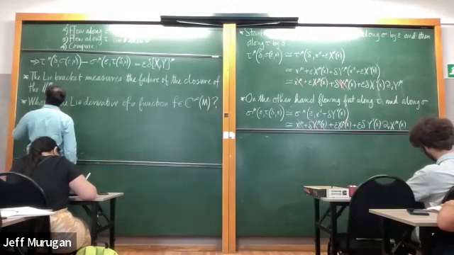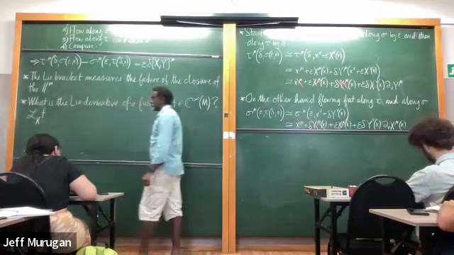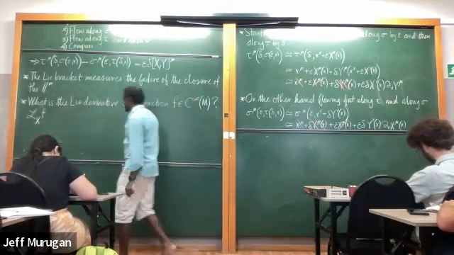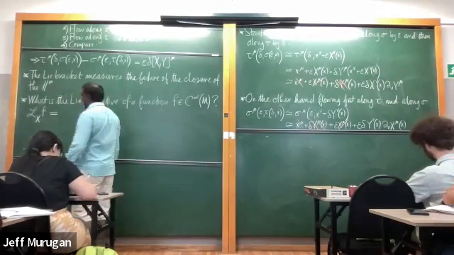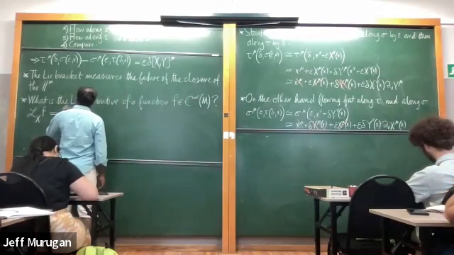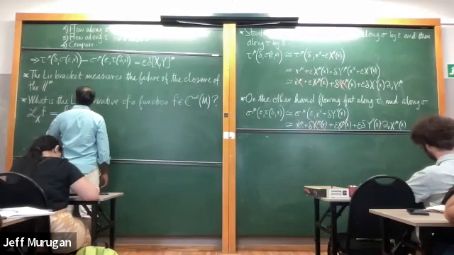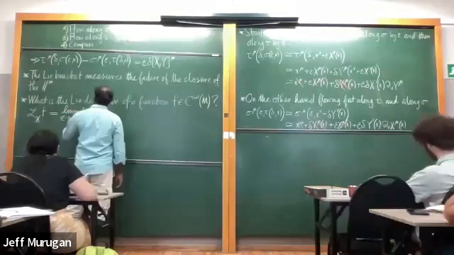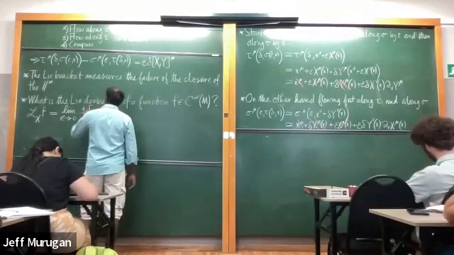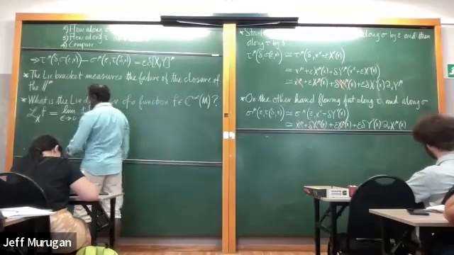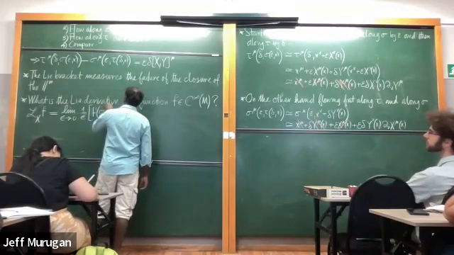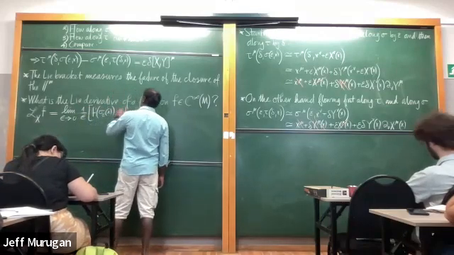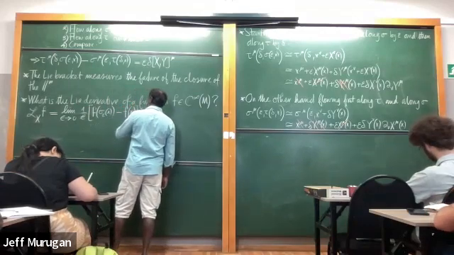So the Lie derivative of function f along the flow generated by x, or this Lie derivative of f along x, is the limit as epsilon goes to 0, 1 over epsilon times f evaluated at sigma epsilon x minus f evaluated at x.